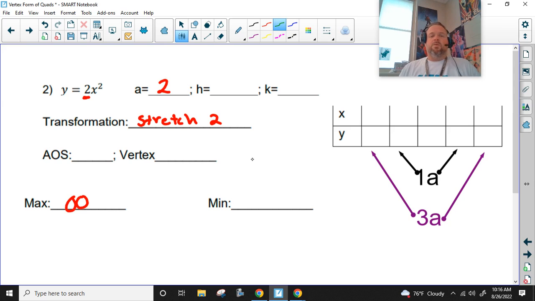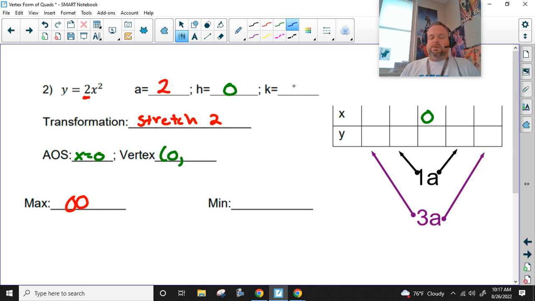What is our H value? 0. And it goes in these spots right here. We've only really looked at two things and we've got a whole lot of this filled out.